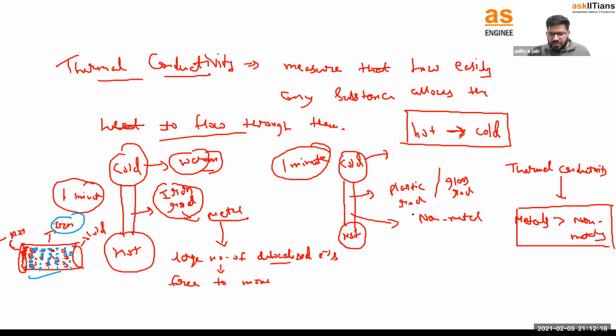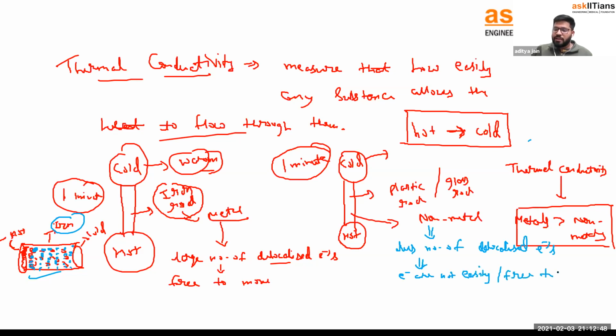So now what we are concerned about is the second part, which is non-metals. What is the reason for less thermal conductivity in case of non-metals? Basically, they have a less number of delocalized electrons. Okay. As these have a less number of delocalized electrons, can I say electrons are not free to move easily?